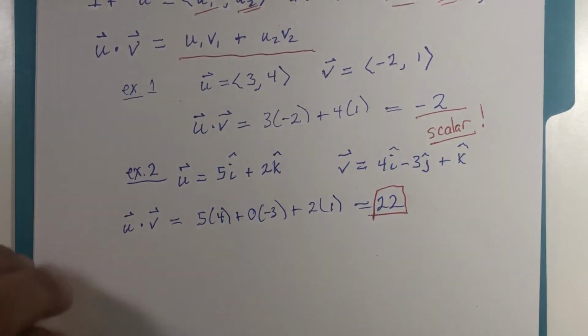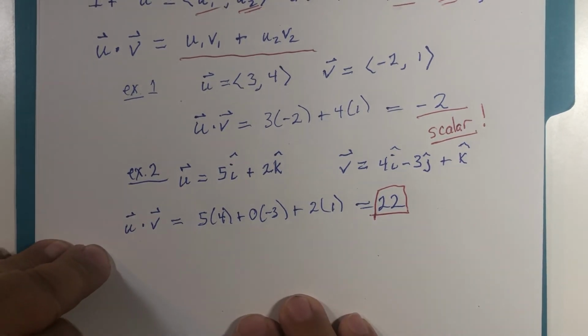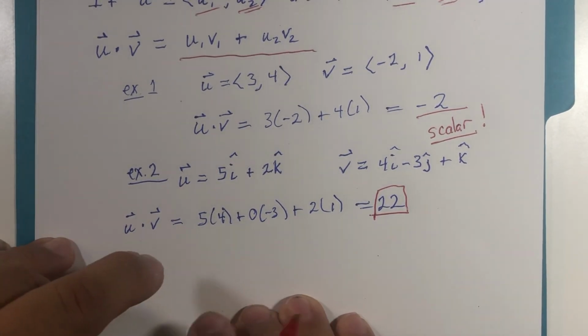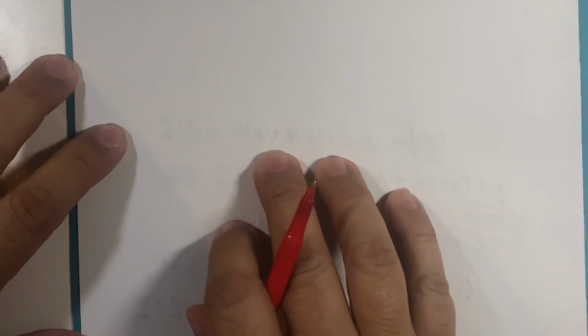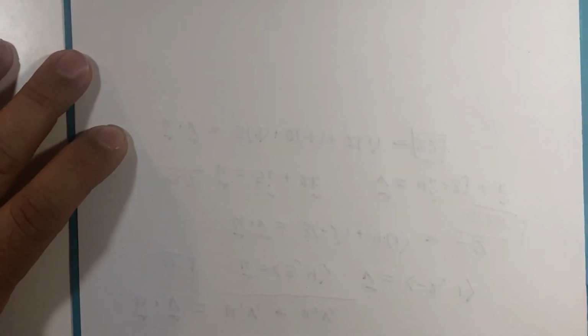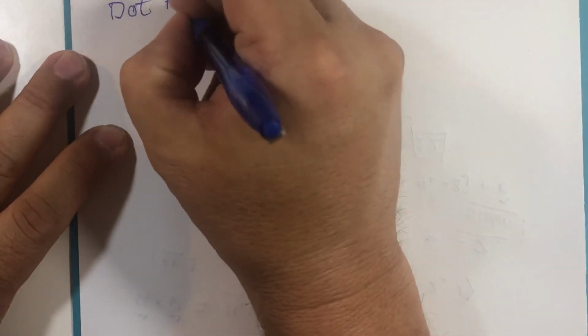Now, before I close out, I'd like to just show you a couple little pieces of where we're going to find this calculation called the dot product. All right. I'm just going to straighten things out here. Sorry I left you for a moment. Dot product.